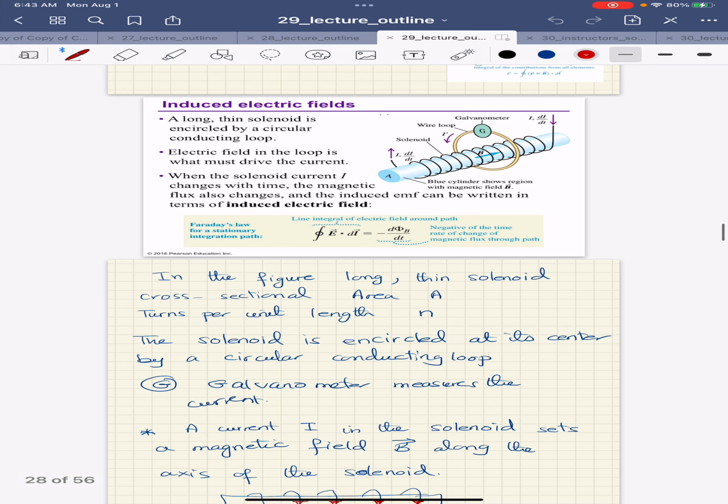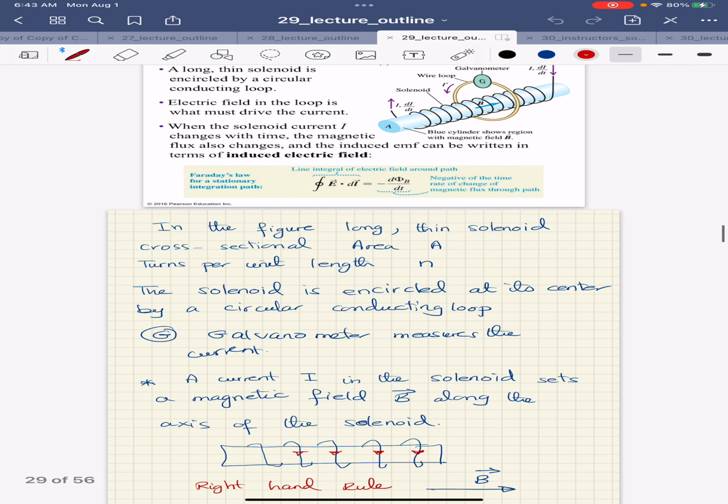If we have a current I in the solenoid going in the direction I can show you here, this current sets up a magnetic field B along the axis of the solenoid.